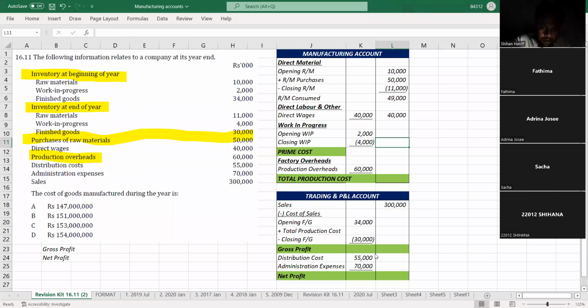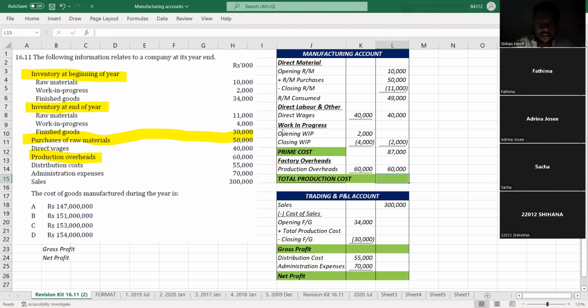40,000, and we take this. Prime cost 87. 147. Good.